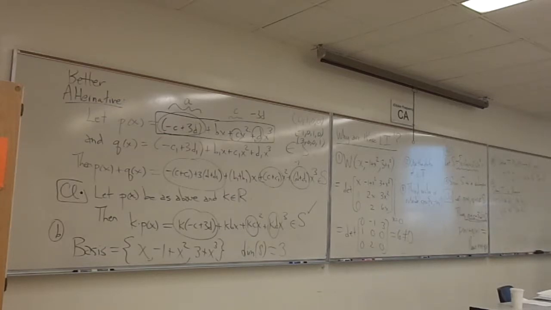Does this look familiar? The respecting addition, the generic way it would look is T of V1 plus V2 equals T of V1 plus T of V2. So that's the generic way of expressing it, and that's what I'm doing here. Here's V1 and V2.